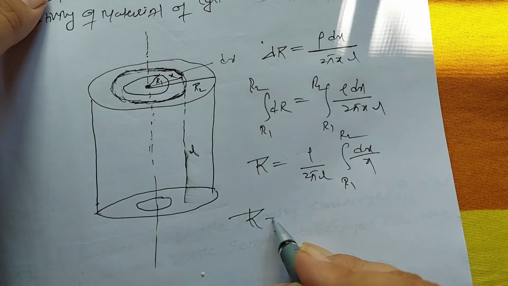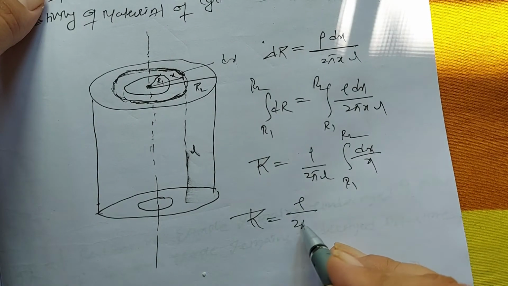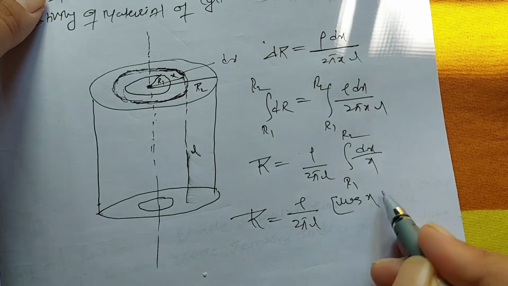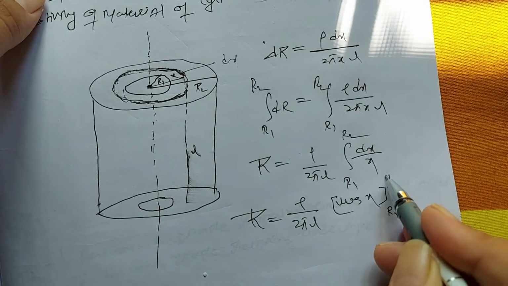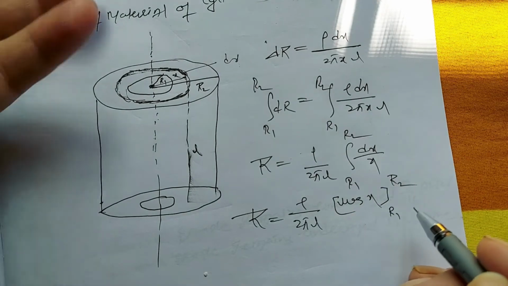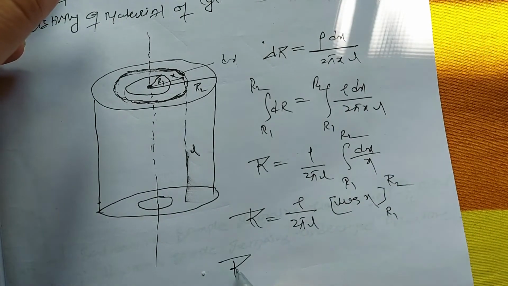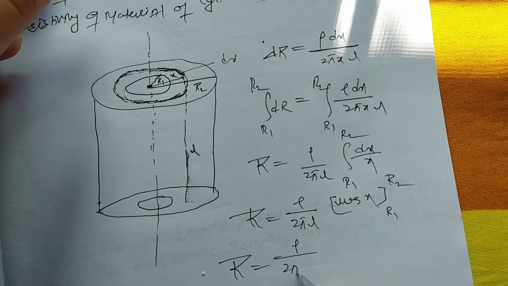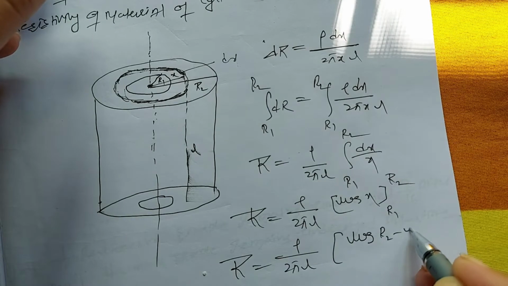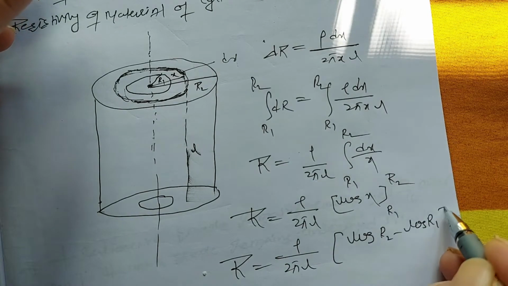So, here R is equal to rho by 2 pi L, log x, limits R1 to R2. Integration of dx by x is equal to how much? Log x. So, R is equal to rho by 2 pi L, log R2 minus log R1.